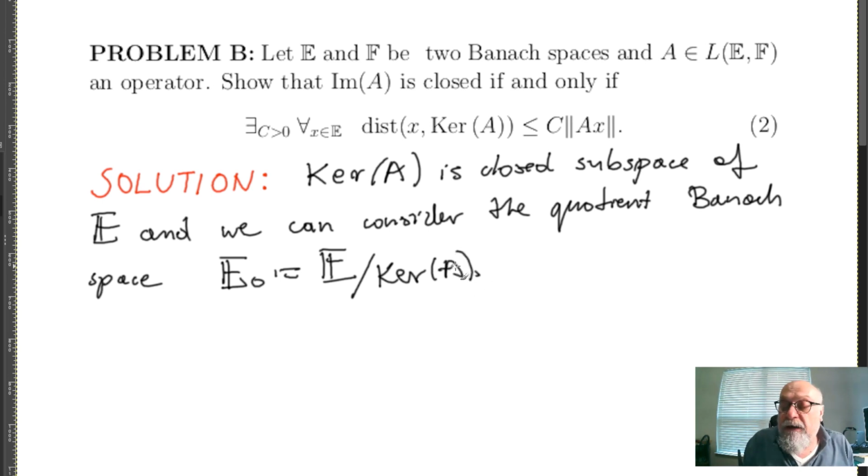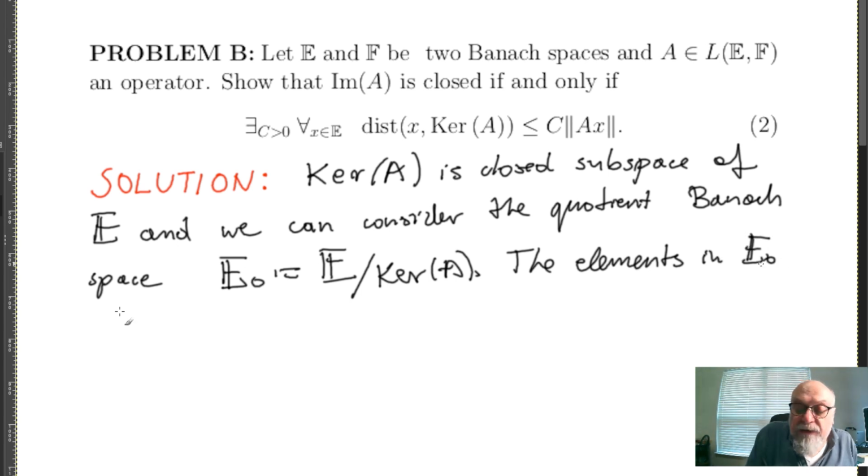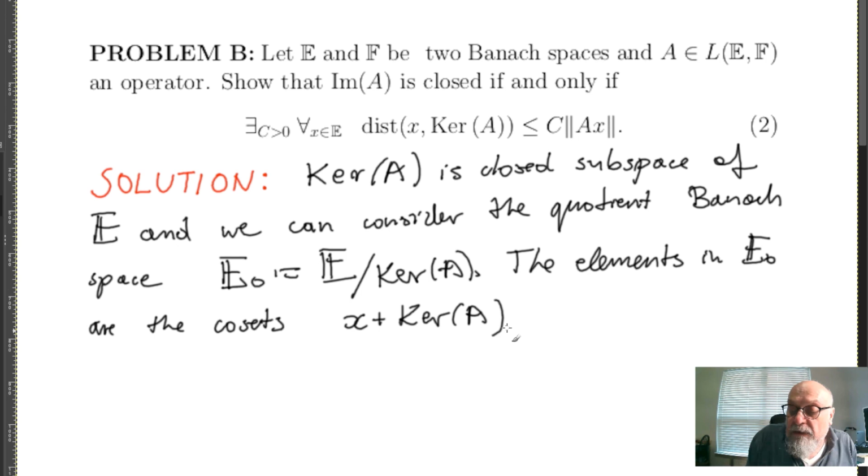Let me recall that the elements in E0 are the cosets, and those cosets we denote like x plus kernel of A, for which we have the norm.